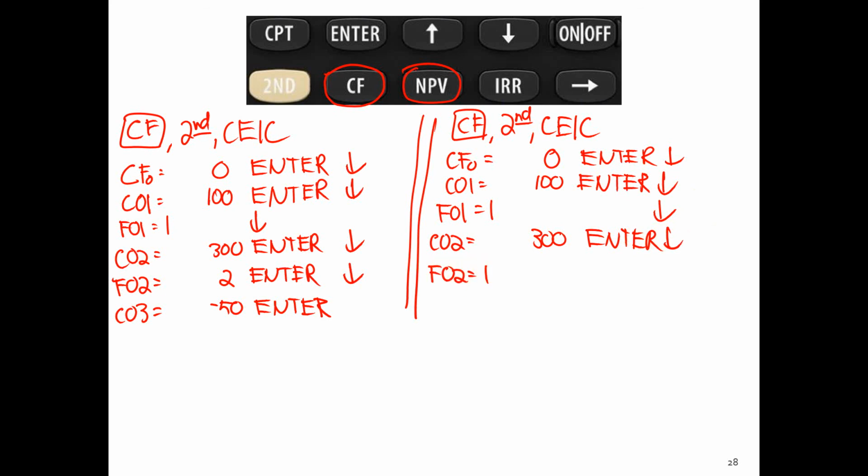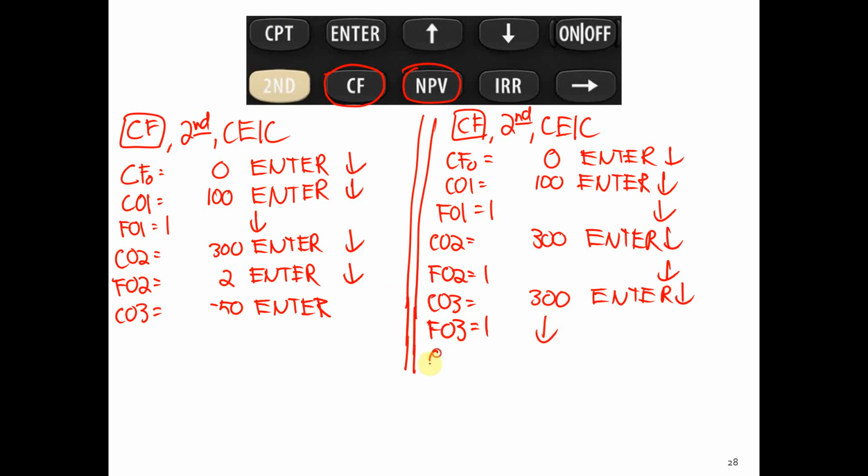F02 equals 1 showed up on the screen, and rather than changing this to 2, we left it equal to 1, and we scrolled down. So now when it asks for C03, we needed to enter the second $300 cash flow, hit enter, scroll down, and then F03 we're going to leave set equal to the 1 that showed up on the screen.